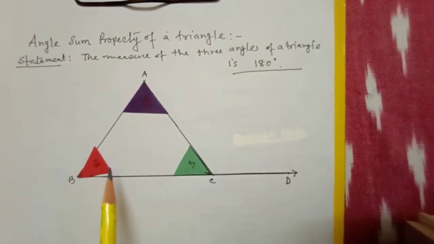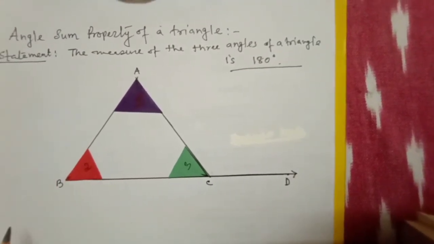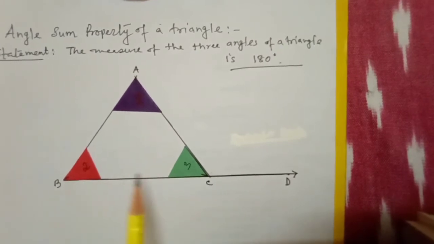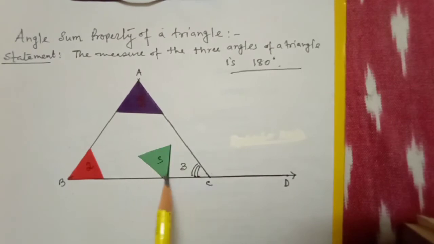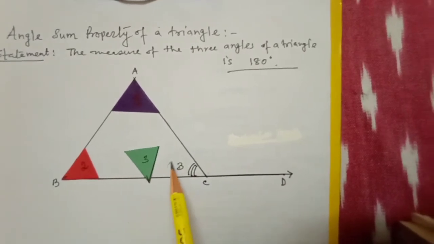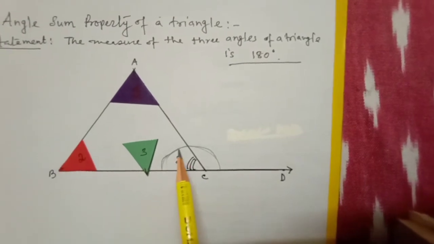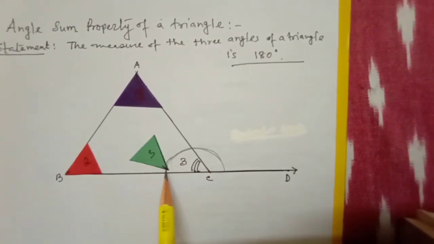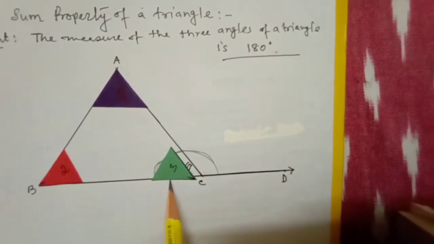I have made these angles using colored paper. Angle 1, angle 2, angle 3, and you know that this angle measures 180 degrees. So we want to see whether the sum of the three angles is equal to 180 degrees or not.